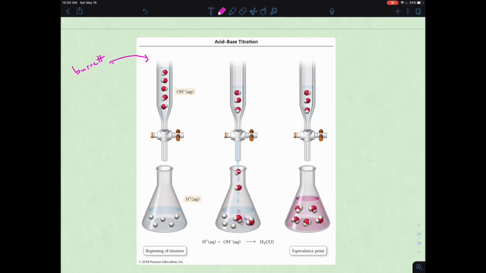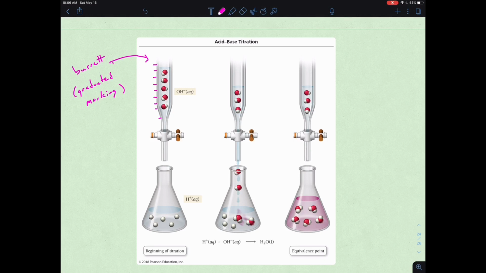It has volume markings, so it's kind of like a graduated cylinder, so you can know how much of something you've added.